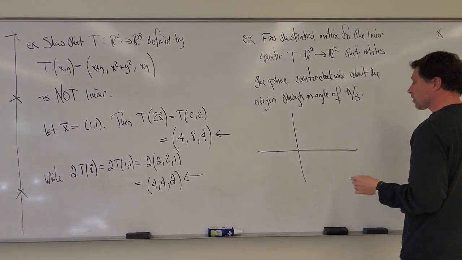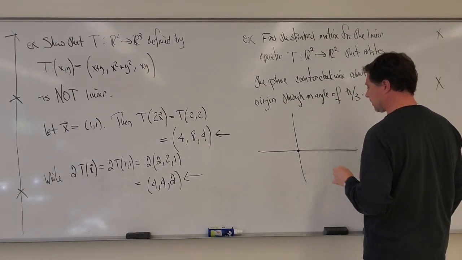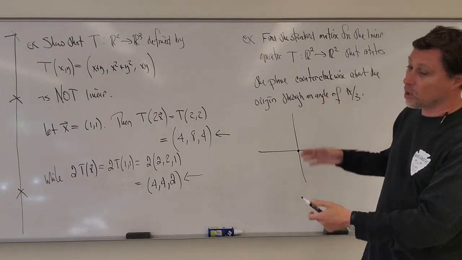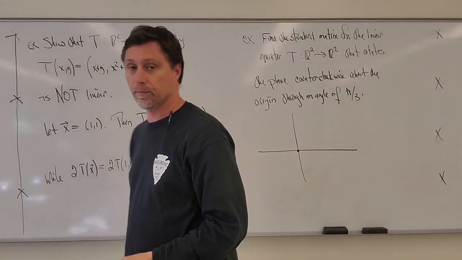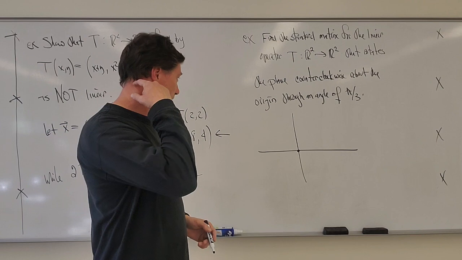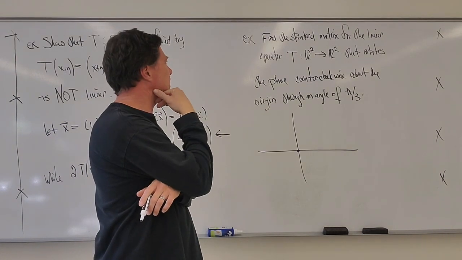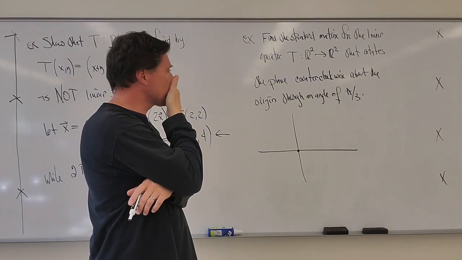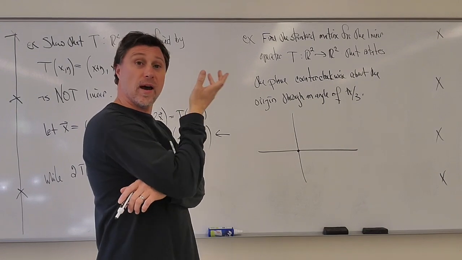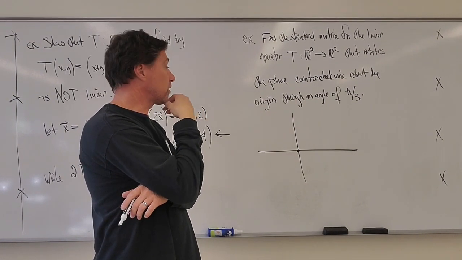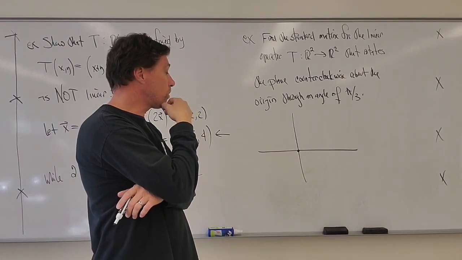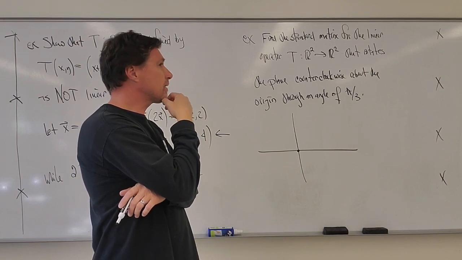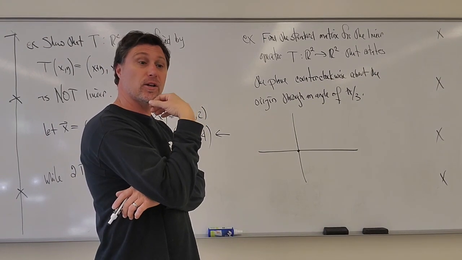So we're going to need a picture here. And hopefully everybody can see what happens. We're taking the entire plane, we're rotating it about the origin through an angle of pi over 3. Now, how does this go? We want to find the standard matrix for this linear operator. To find the standard matrix, you compute T applied to each standard basis vector.